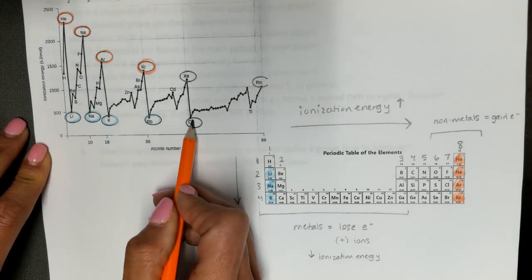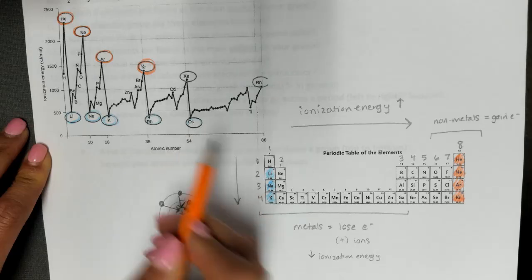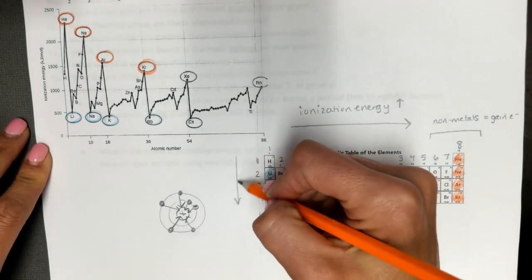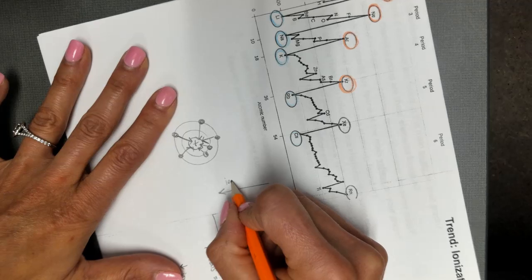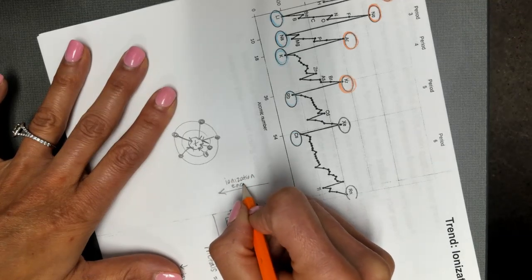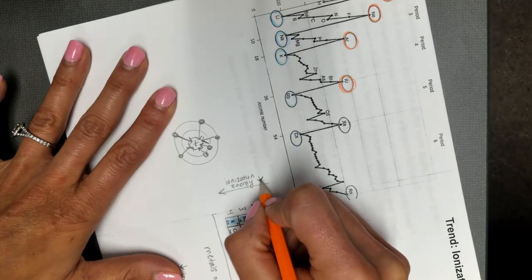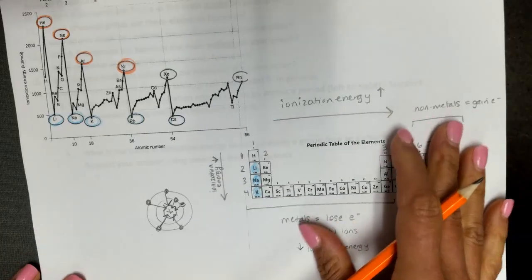And then cesium. So it's going down, it's just not going down as drastically. So as we go down our groups, we can see that the ionization energy is decreasing. Ionization energy is going down. Right? Now let's talk about why that might be.